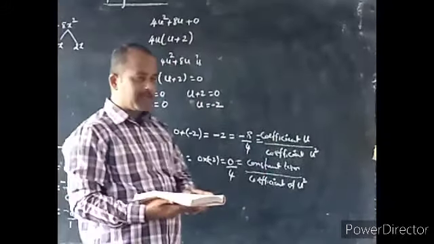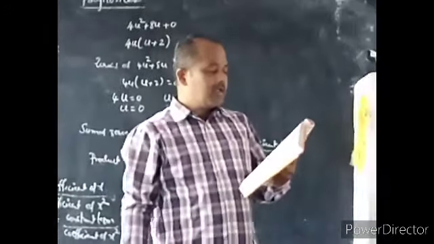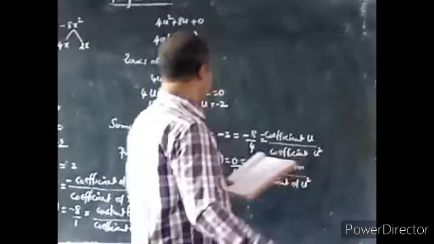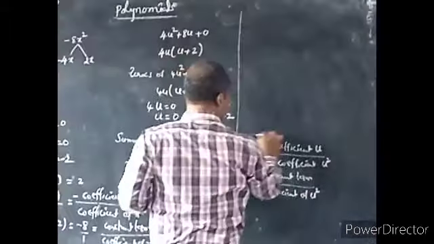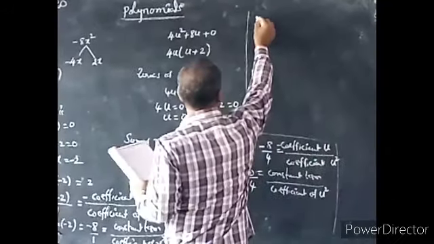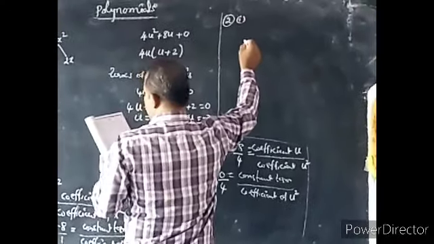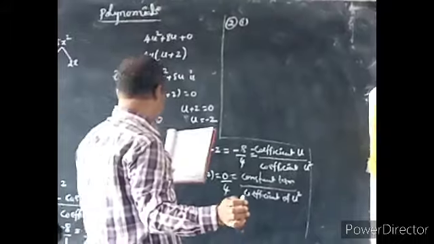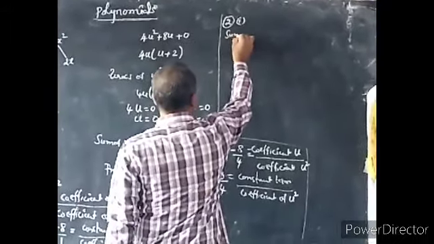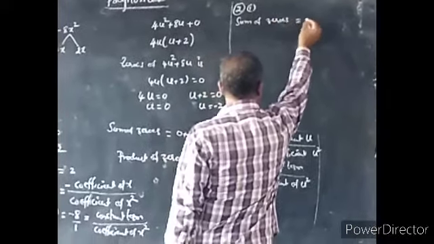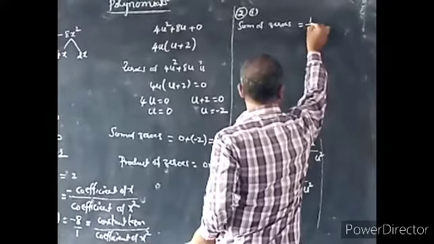Next, second question. Find the quadratic polynomial in each case with the given numbers as the sum and product of the zeros respectively. That means in this question, the sum of zeros and the product of zeros are given. First one: sum of zeros is 1 by 4.